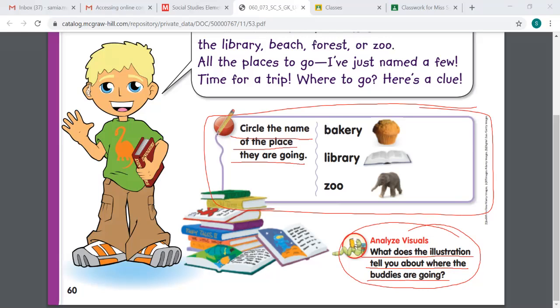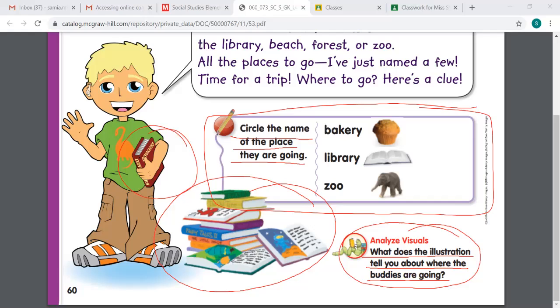Okay, the illustration is showing, what are these? And what's he holding? The illustration is showing many books. The books help show where the buddies are going. So where do you think they're going on a field trip?